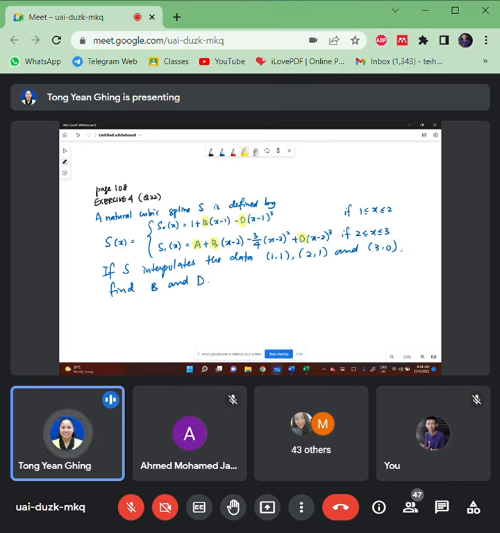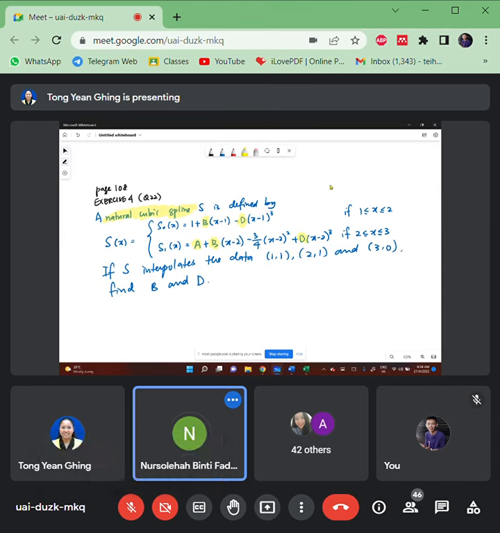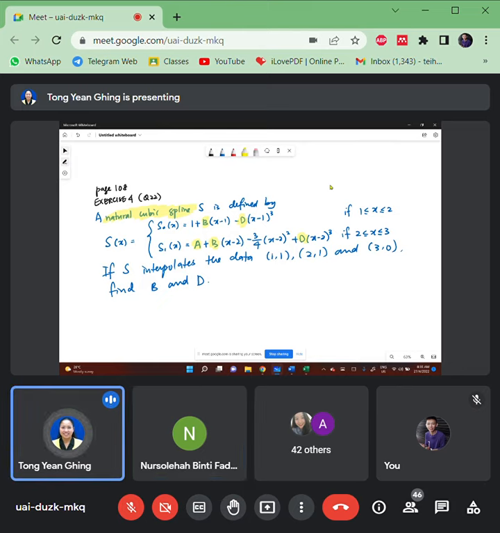Okay, the question is a natural cubic spline. So what are the criteria of a natural cubic spline? Noor Soleha, what do you think the criteria are? Answer.